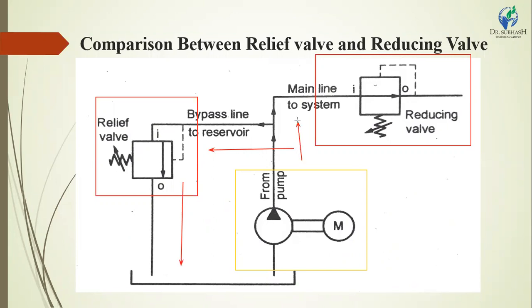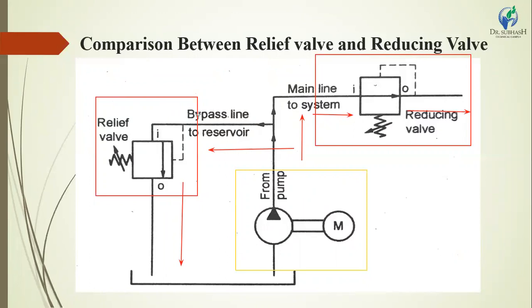The pressure reducing valve is directly attached in an inline condition, in series connection to the hydraulic system. If the pressure relief valve is open, in the normal position, the oil pumped by the pump will flow back to the reservoir and the system will not get oil.